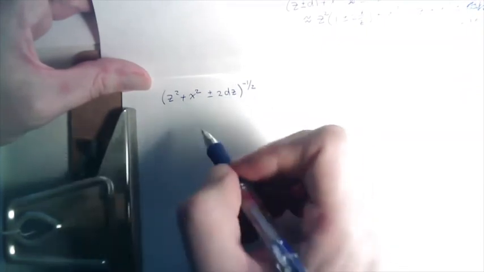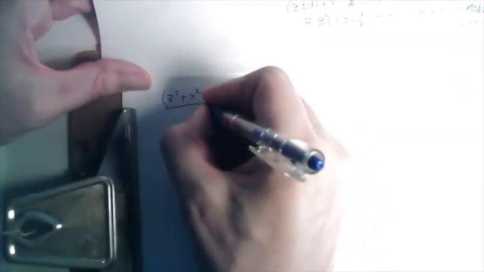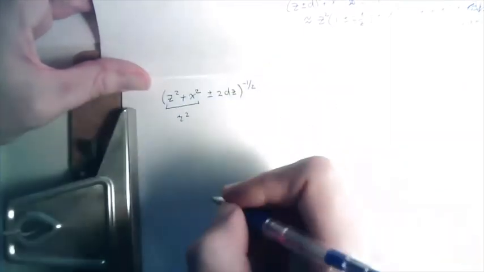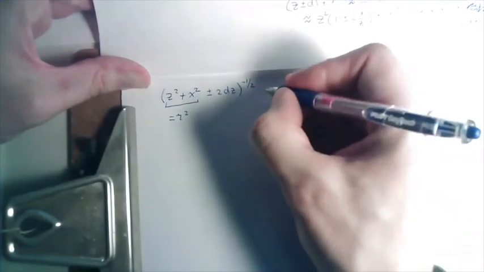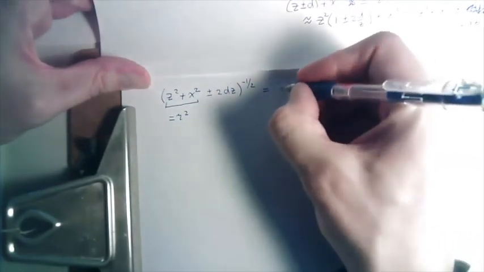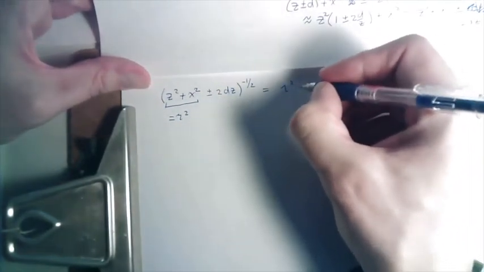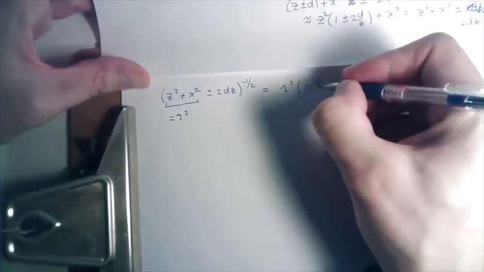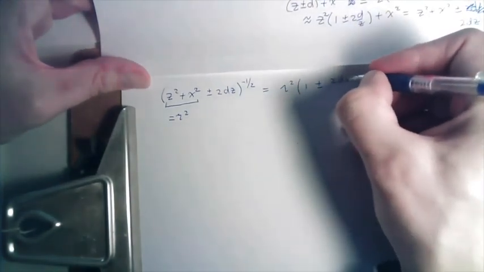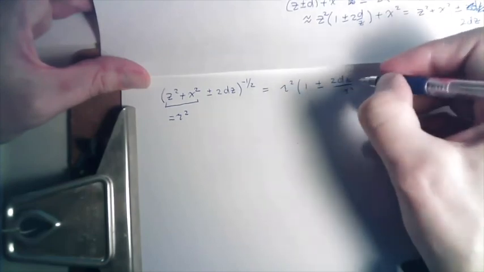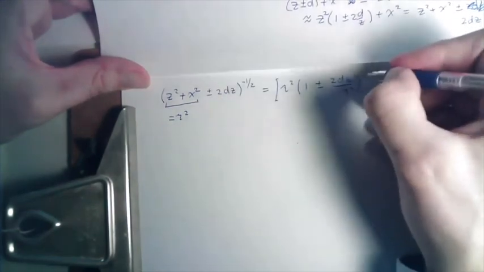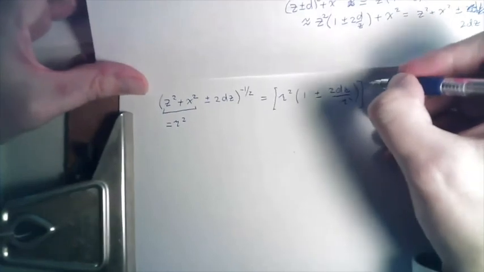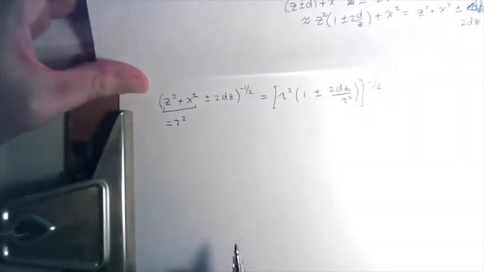And now, at the same time, let me make a simplification. This is r squared. All right, so this is r squared times 1 plus or minus 2dz over r squared, and then the whole thing is raised to the power of minus 1/2.